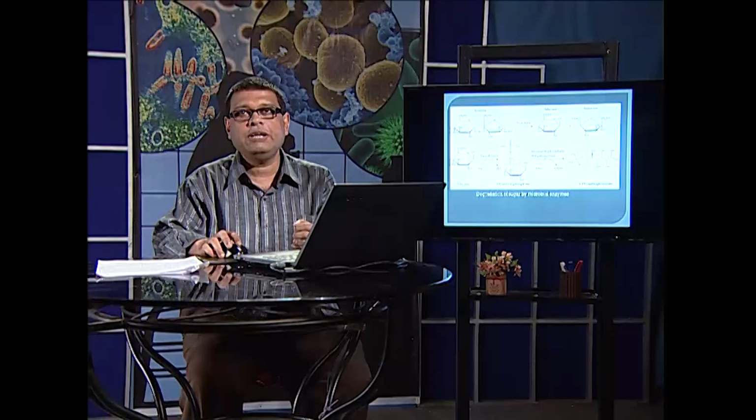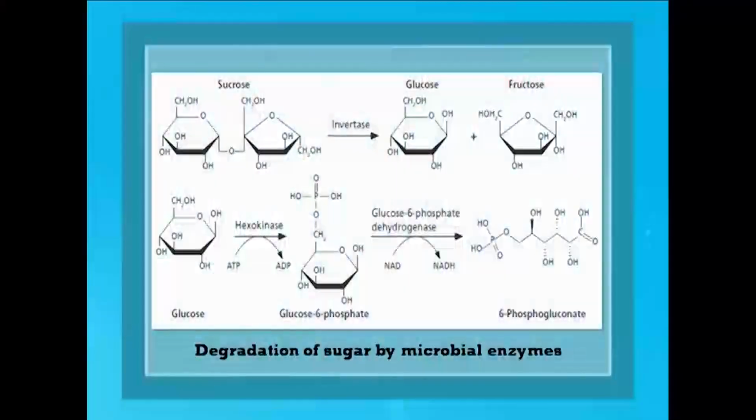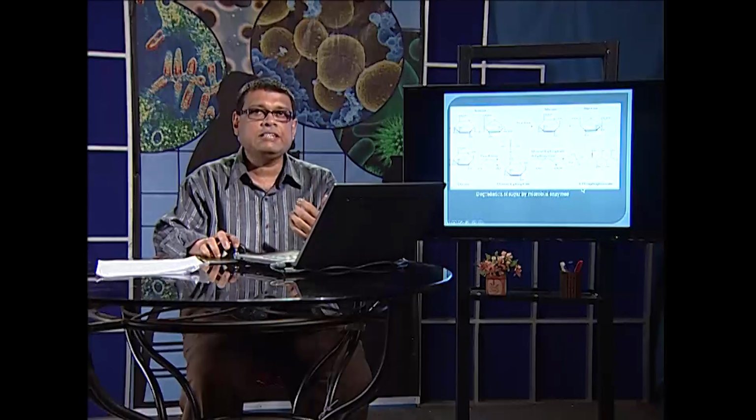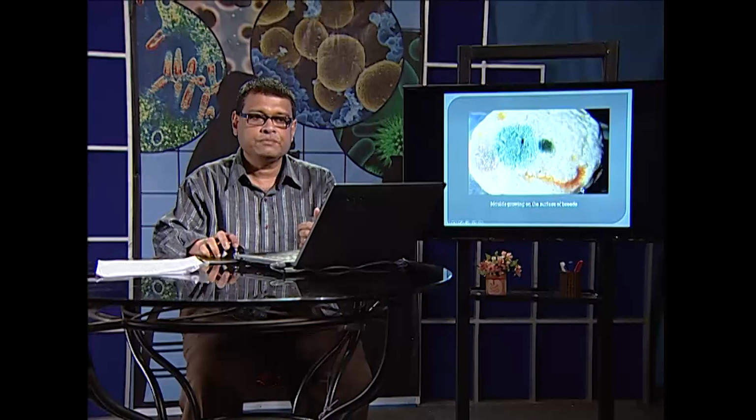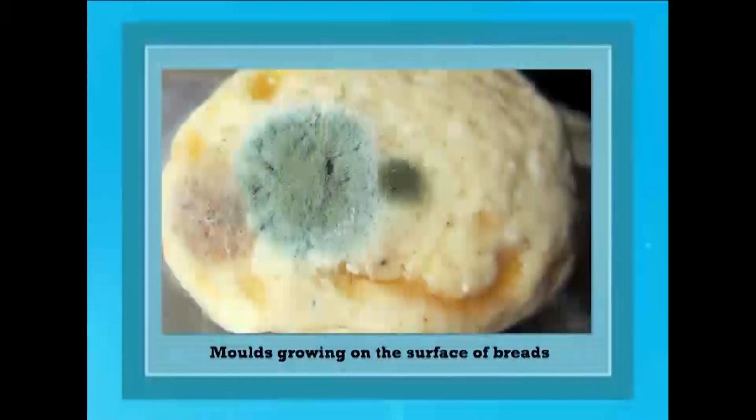But most importantly, the enzymes produced within the food will convert the different sugar molecules into other forms of monosaccharide or phosphate sugar or phosphogluconate, and that also is not fit for consumption. But this degradation is slow, depending upon the condition in which it is stored, and it is definitely changing the texture of the food.